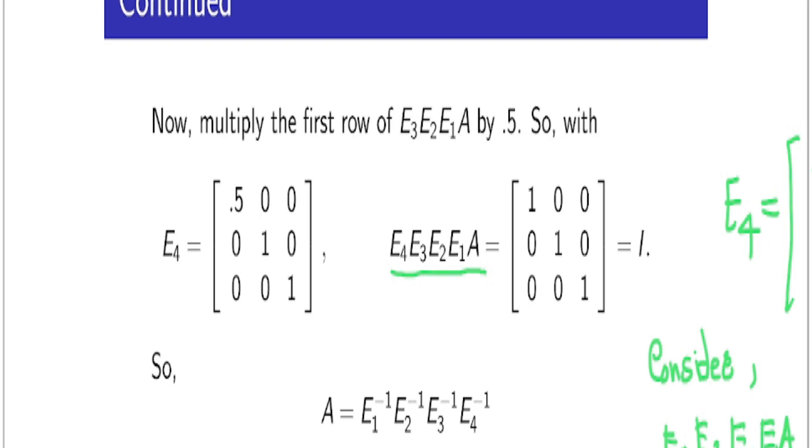Our matrix is written as a product of elementary matrices. Okay, this is the solution of our problem. This completes the proof of our problem.